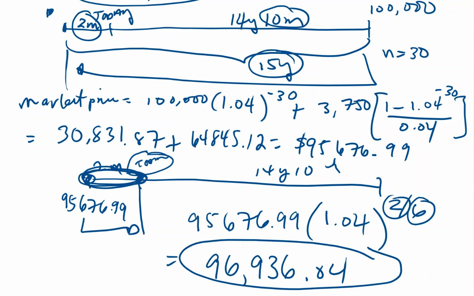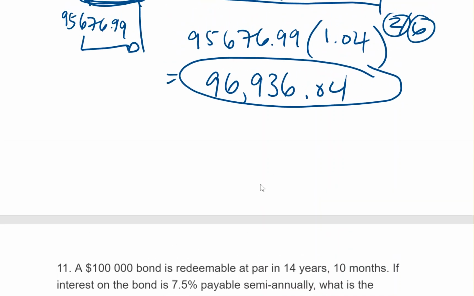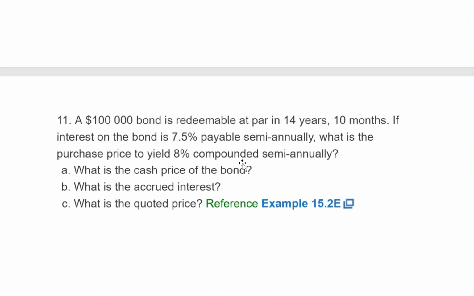Since it's asking for the cash price of the bond at 14 years, 10 months, I had to go backwards to the previous interest payment date, another 2 months back, and then apply the 2 months of interest to the market price. So the final answer for A is 96,936.04.